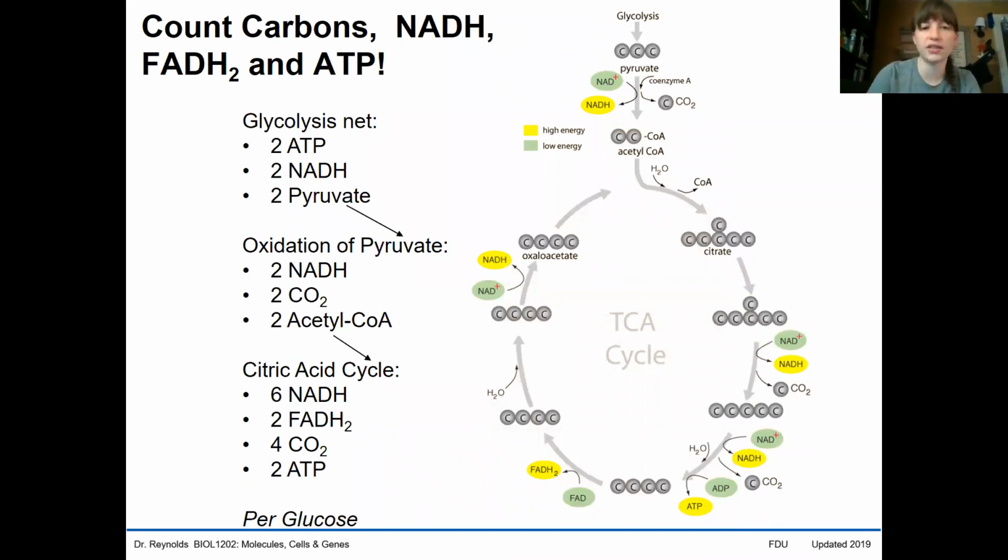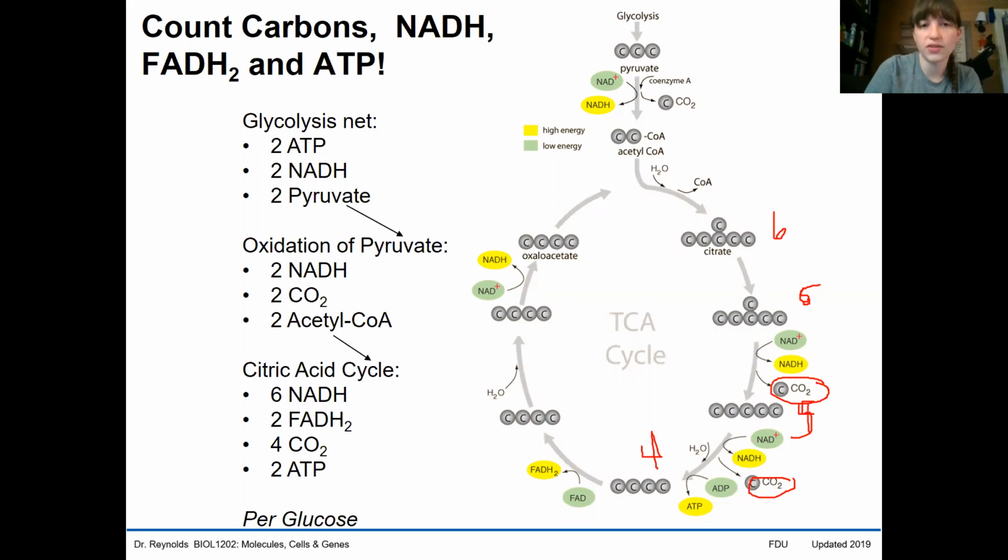If you take a look at this process, you should be able to count some carbons and see us going from 6 to 5 to 4, and how as we go through this process, you lose a carbon each time as a molecule of CO2.